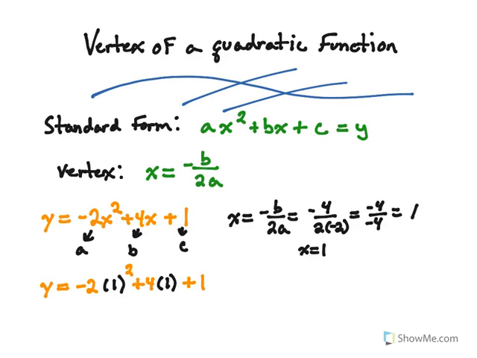That's going to equal 1 squared is 1 times negative 2 is negative 2. 4 times 1 is 4, plus 1. So negative 2 plus 4 is 2, plus 1 is 3.